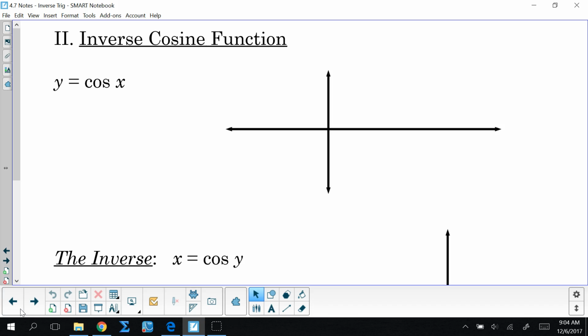Okay? So, talk to me about the regular cosine graph. So it starts where? At 0 degrees, 0 radians, where am I at?